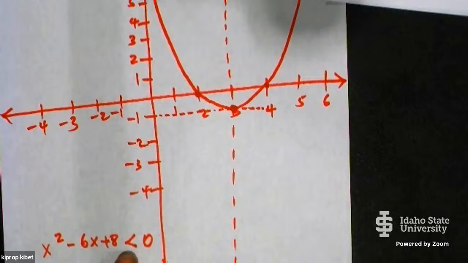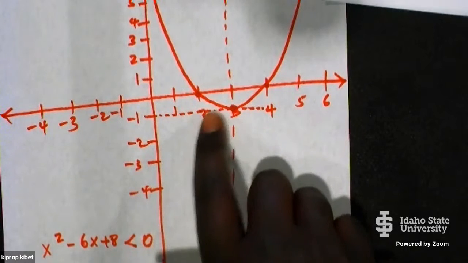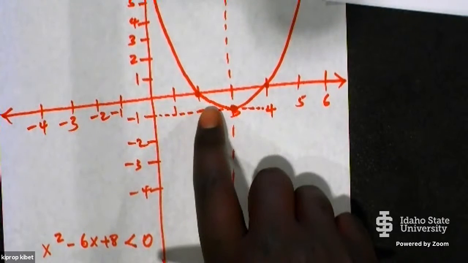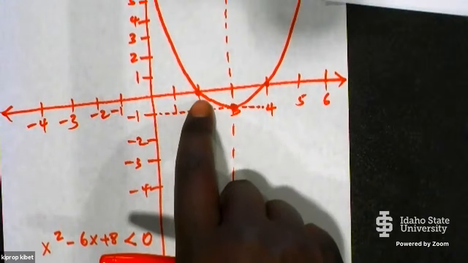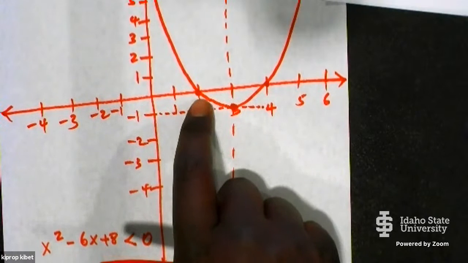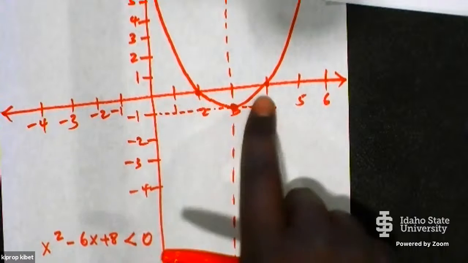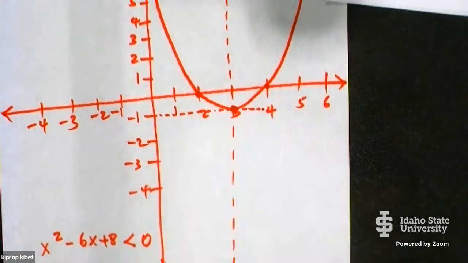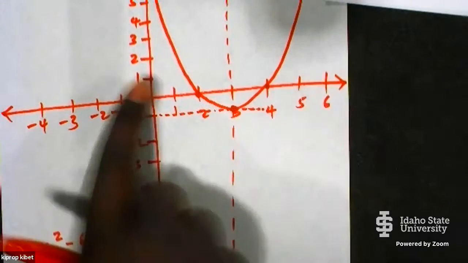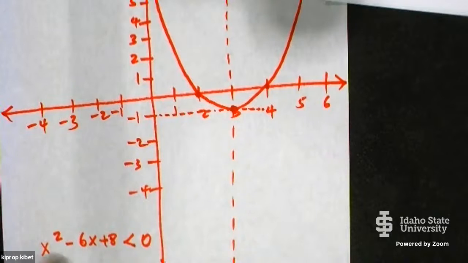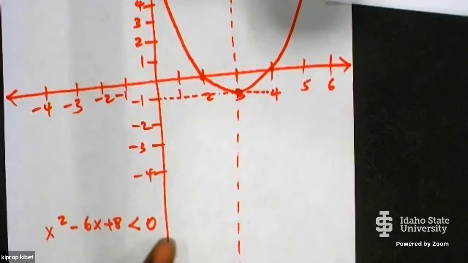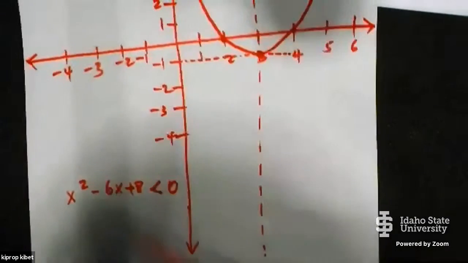Now, in this case, we are not including x equals 2 or x equals 4, because it will give us 0, okay? So if we try the point x equals 1, will it be less than 0? So let's try the point x equals 1.